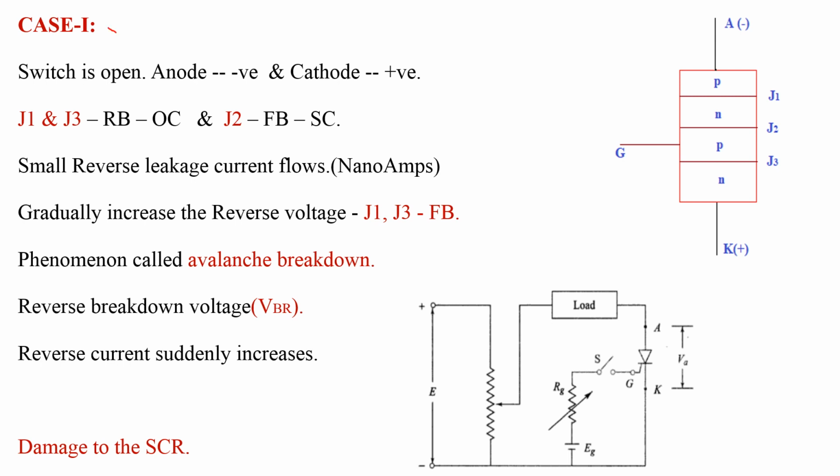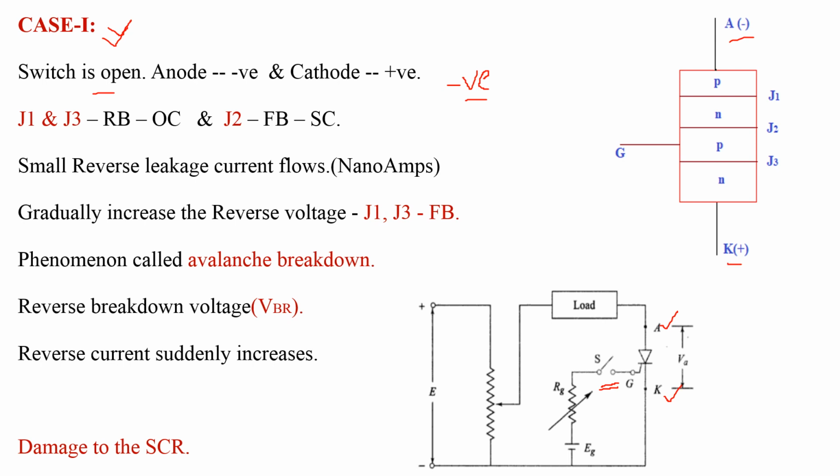Now consider case 1. In this case, we keep the switch open and apply a negative voltage across anode and cathode. By applying the negative voltage across anode and cathode, anode becomes negative and cathode becomes positive.